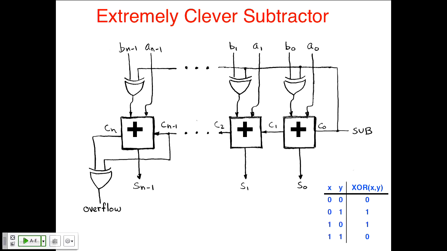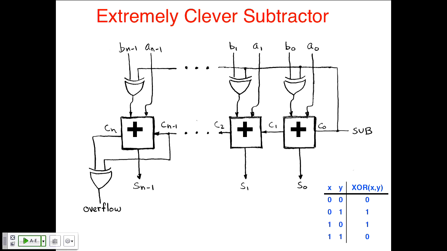So the question is, why does the conditional XOR flip the bits? Well, this is a conditional XOR. It's an XOR, exclusive OR, and this is the truth table for exclusive OR. So just step through. Let's say that X is the input and Y is the control input. When Y is 0, if X is 0, the output is also 0.